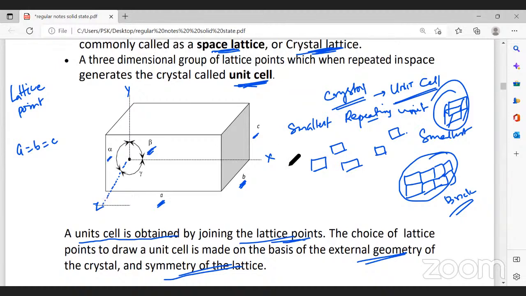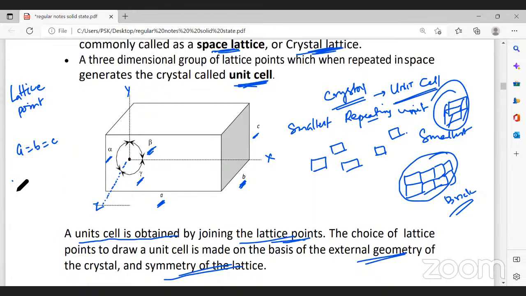Don't get confused. Likewise, the angle between z and x is represented by gamma. So a cube has 3 axes with edge length, width, and height, and it also has 3 angles, alpha, beta, and gamma.